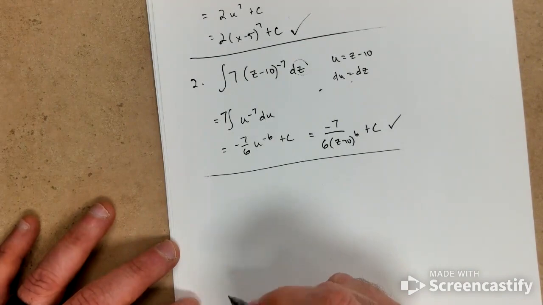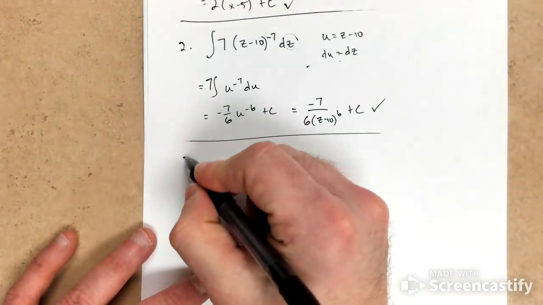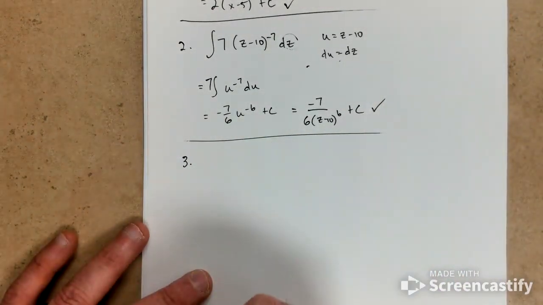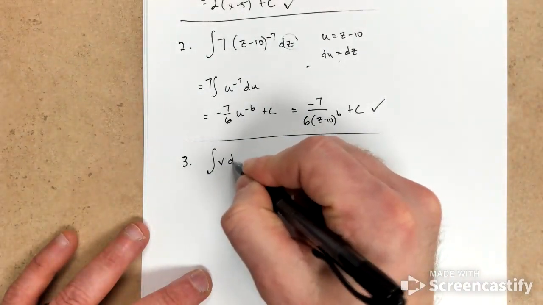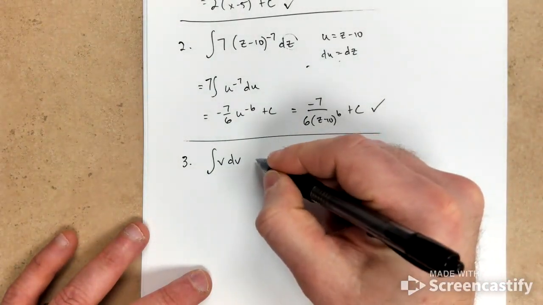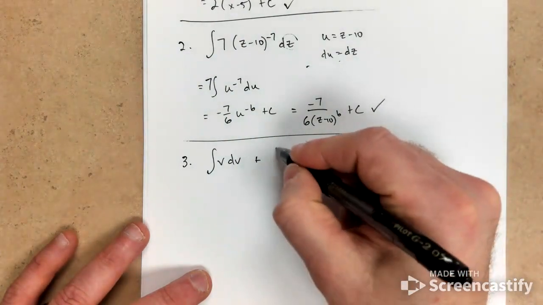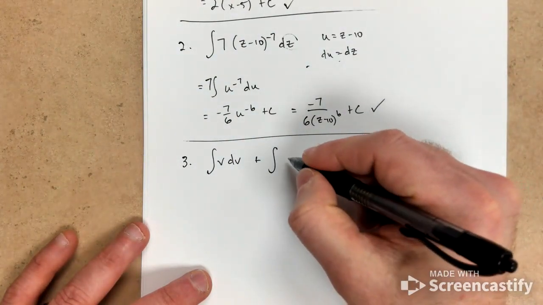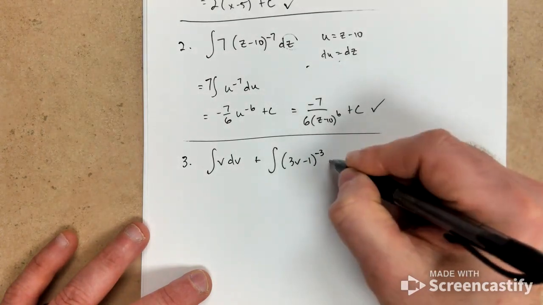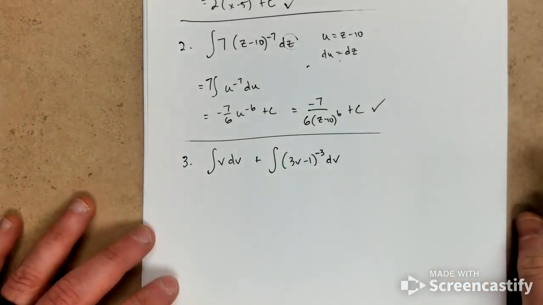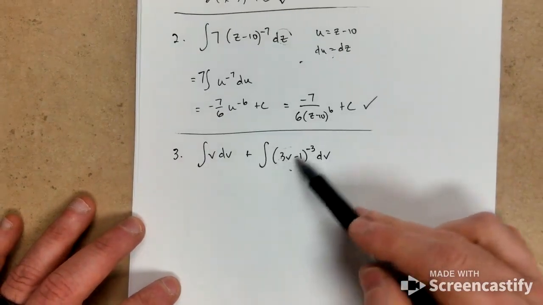Number 3, okay, we're going to separate. So I'm going to make this the integral of v dv plus the integral of (3v minus 1) to the negative 3 dv. This right here is going to be a u substitution.